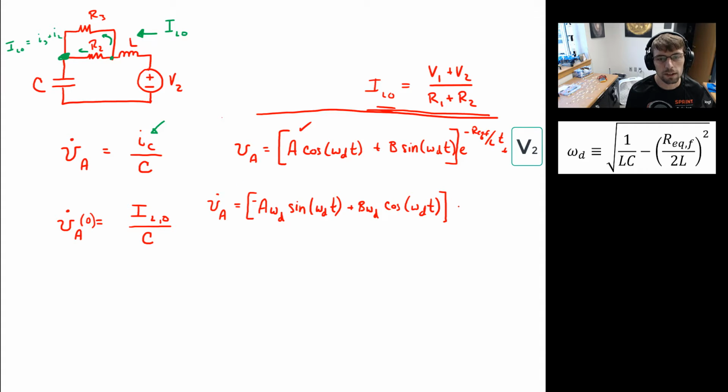We have this e to the negative R_eq over L times t. And then we have to take the derivative of the second piece.